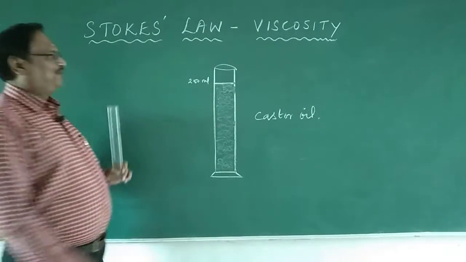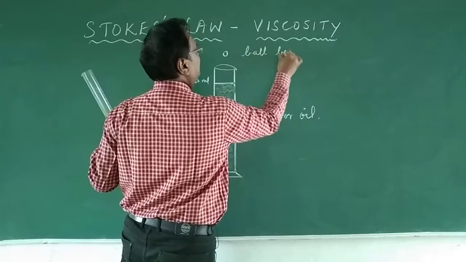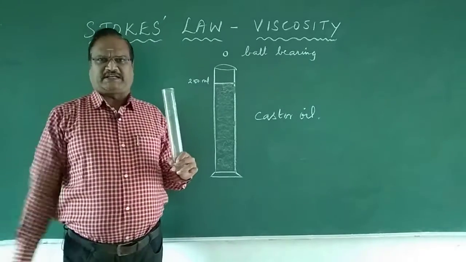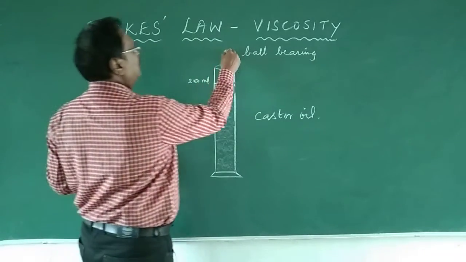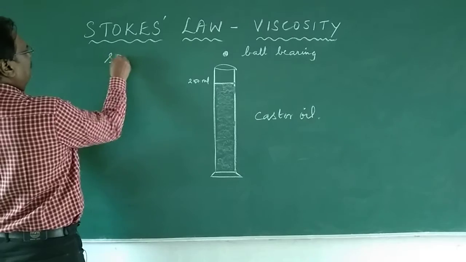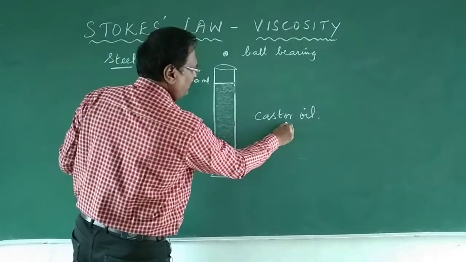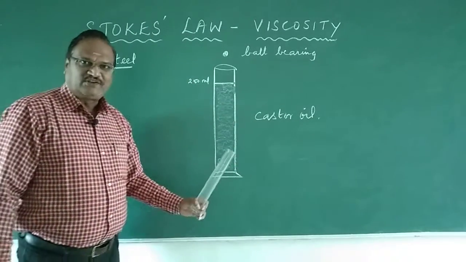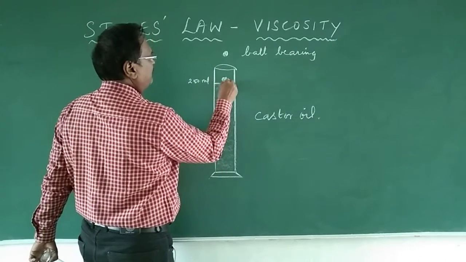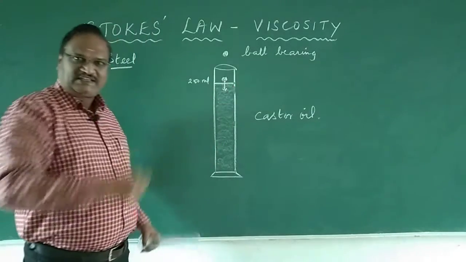Now I am going to take a small ball bearing, a small ball made up of steel, iron, and the liquid castor oil is something different. Now I am going to drop this ball in this liquid. I drop it in the liquid, it falls down, passing through the liquid.